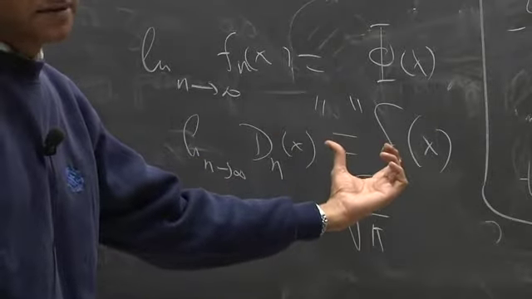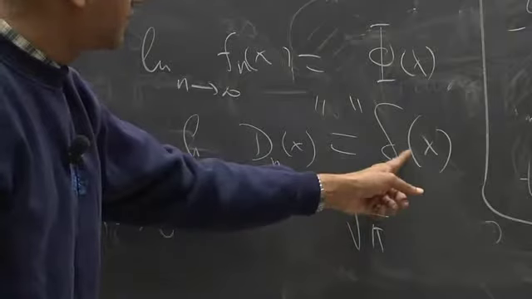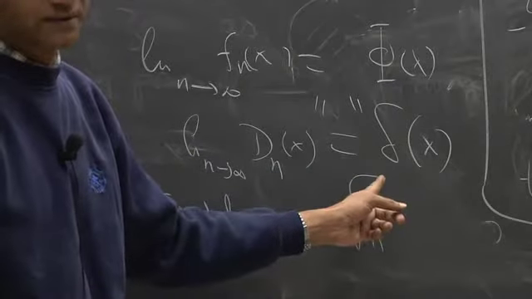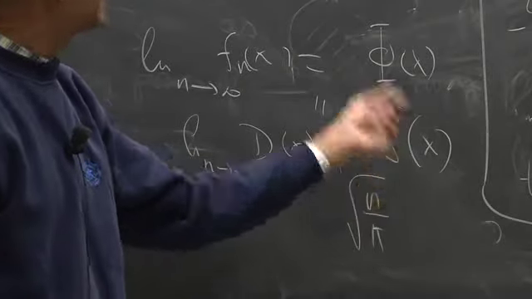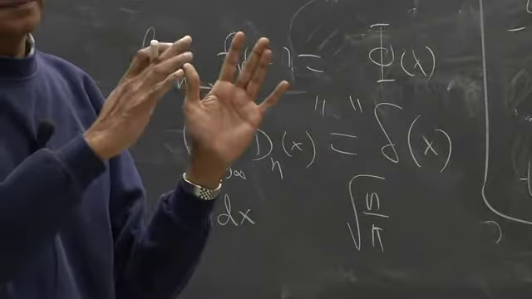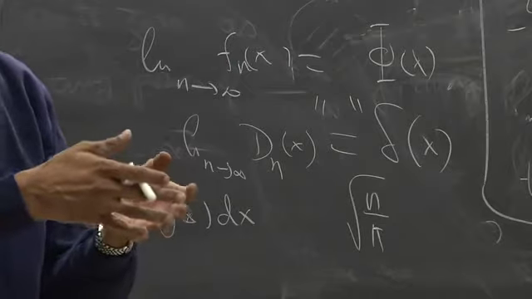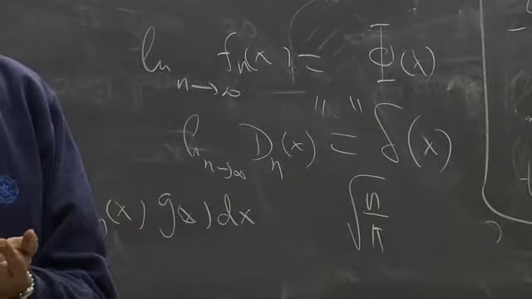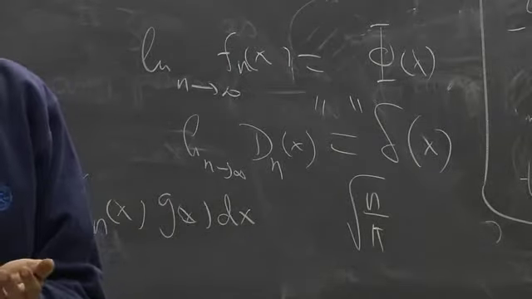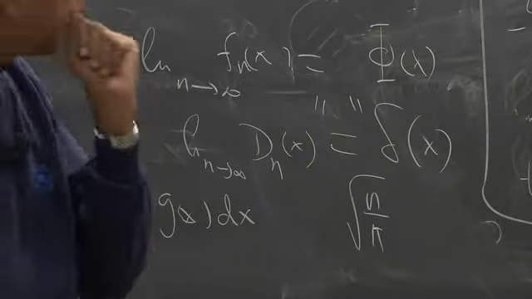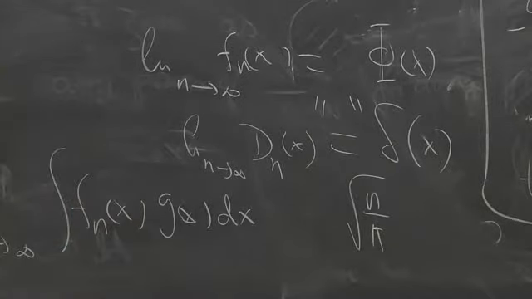But one has to be careful because this is not well defined at x equal to 0. The delta function is well defined only inside the integral. You can say what the properties of the delta function are through its integrals with other functions multiplying it.